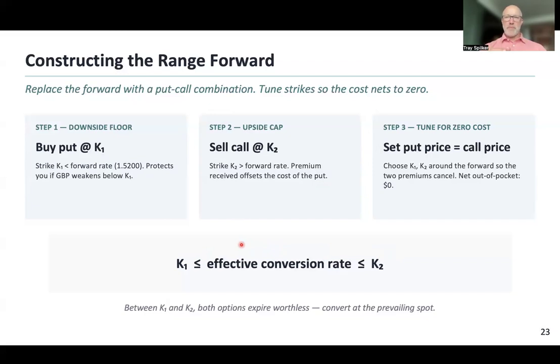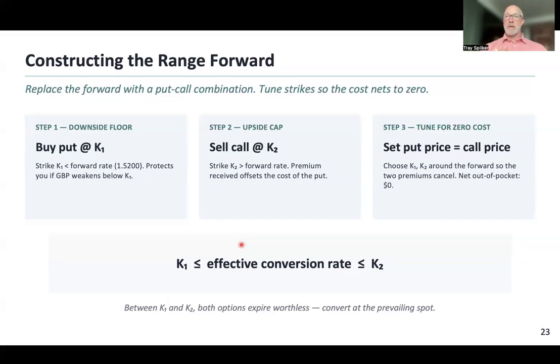So here we're giving up some potential right tail upside above K2 in exchange for a range of acceptable exchange prices. And we're doing it for free, right? And this is essentially the same logic as a costless equity collar.